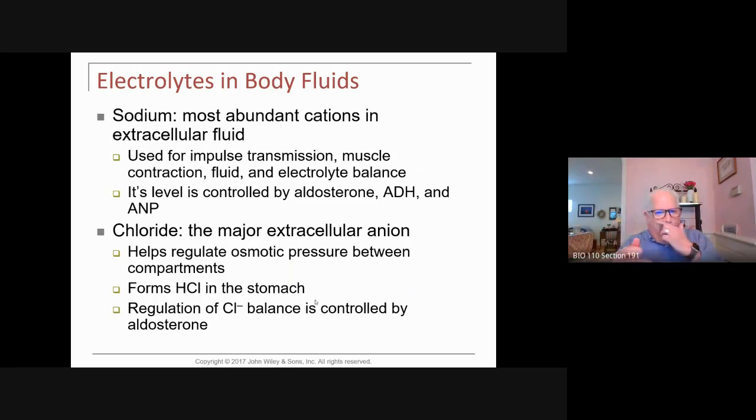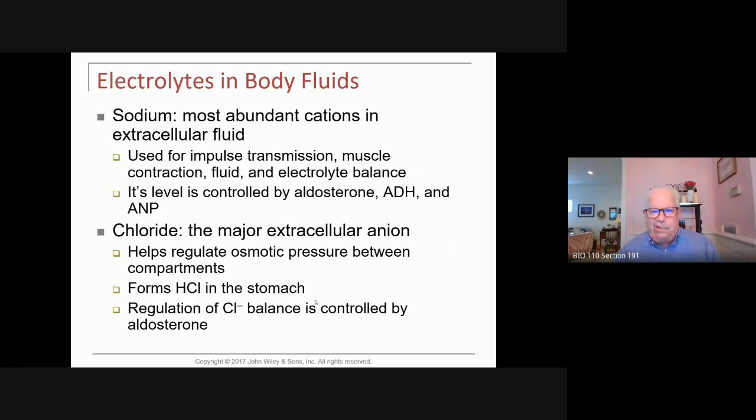There you go. Sodium, the most abundant cation in the extracellular fluid. Chloride, the major extracellular anion. Sodium is extremely important. It is involved in impulse transmission, muscle contraction, fluid and electrolyte balance.